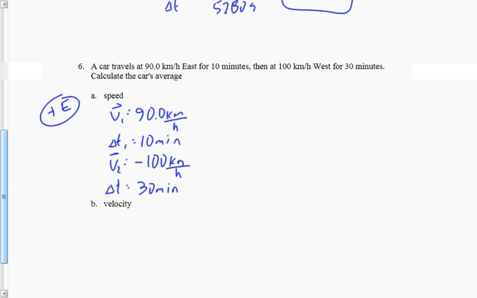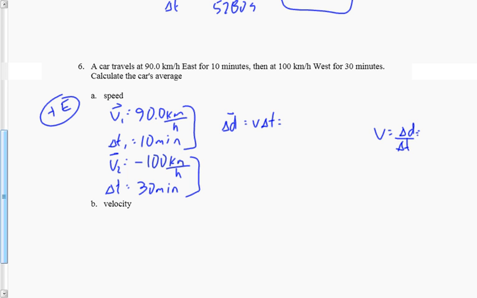Now, in order to get the numbers to plug into this equation, we got to get this number, distance or displacement. So let's take these 2 numbers, use a rearranged form of V equals D over T, and find the displacement in each stage.